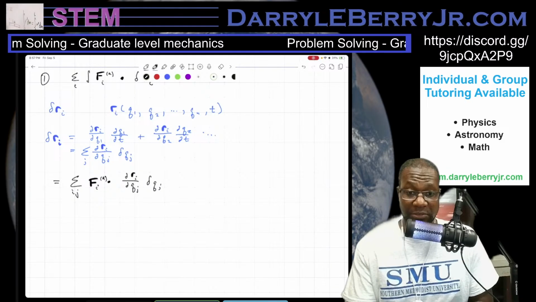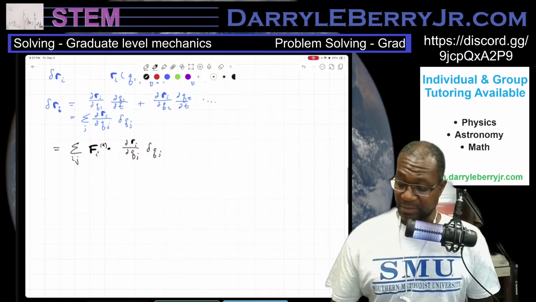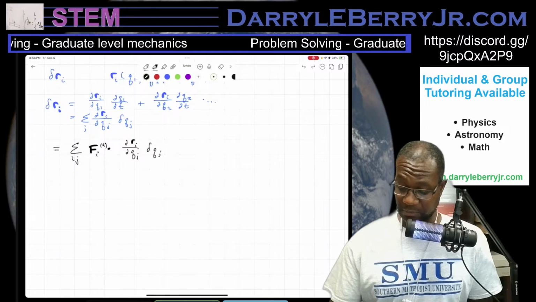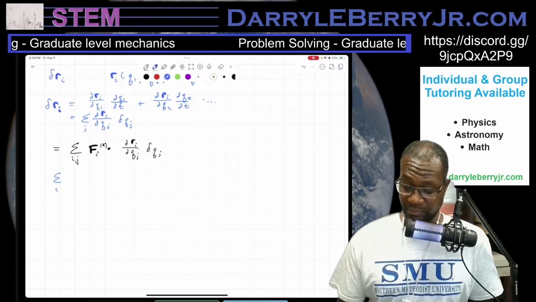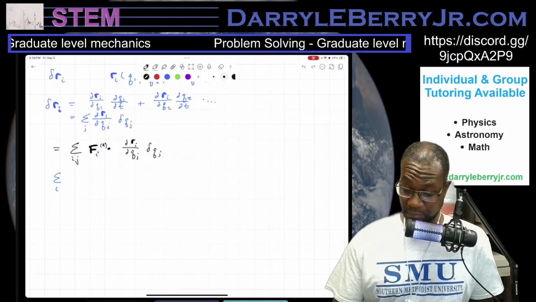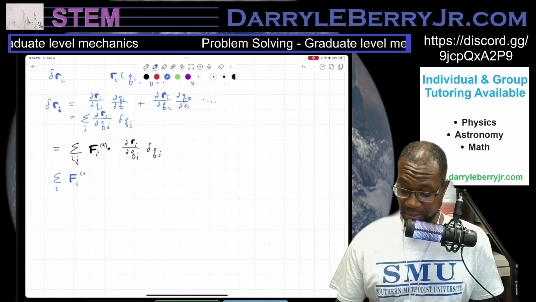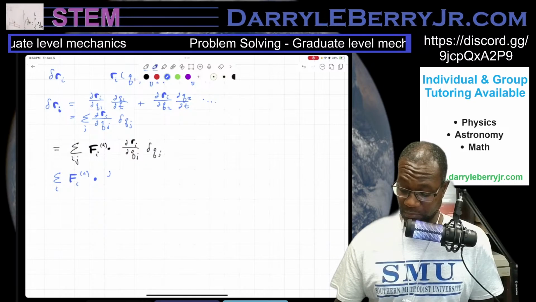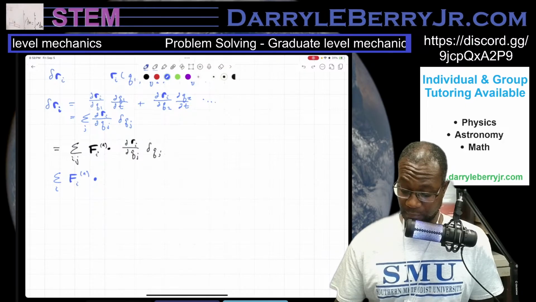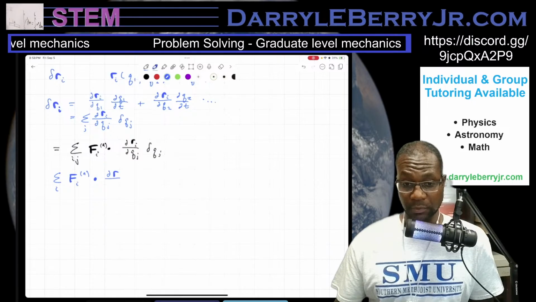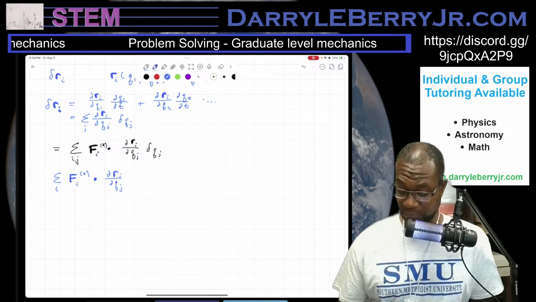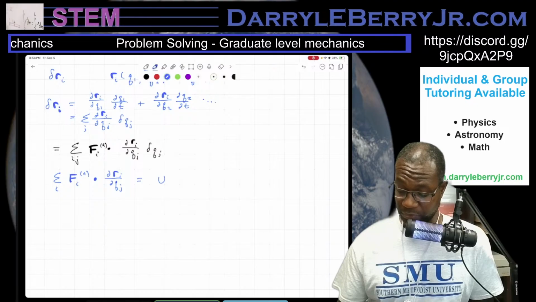Another thing that it seems you just have to remember is that this summation and dot product, the summation over i of F_i dot producted with ∂r_i/∂q_j, just equals something called Q_j.